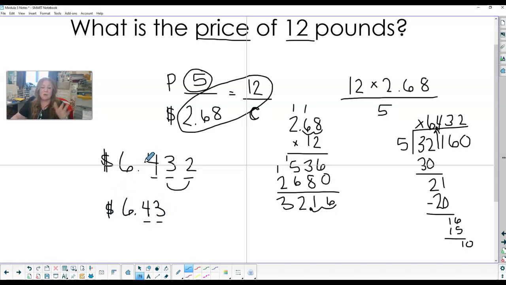So every time we set it up, make sure my pounds go together, my money goes together. Find the 2 that are crisscross from each other, multiply, divide by the other one. Because what we're trying to do is get C all by itself. Let's go ahead and finish up your notes, and we'll keep practicing this, and I promise it's going to get easier and easier.